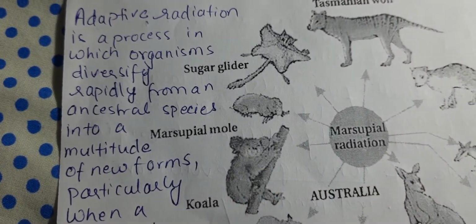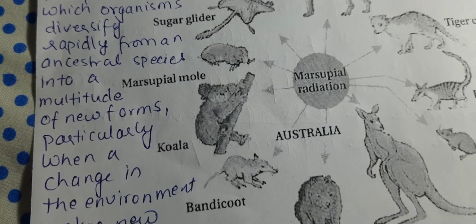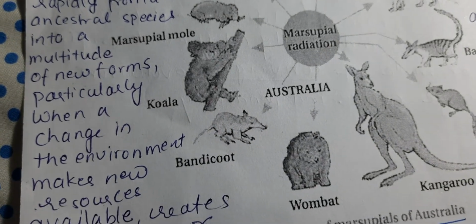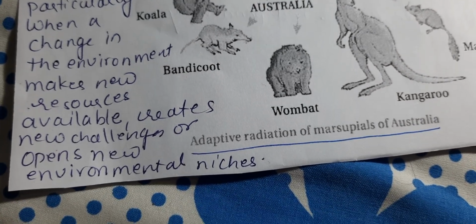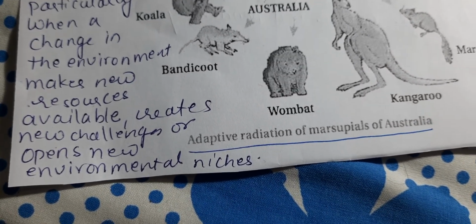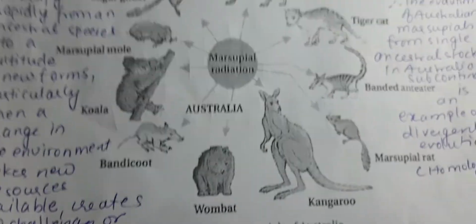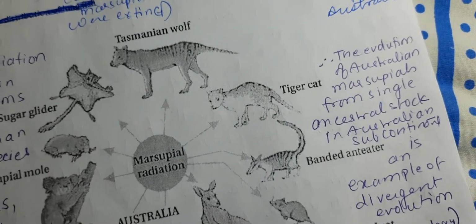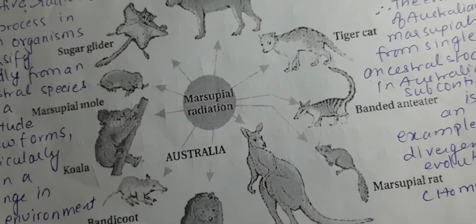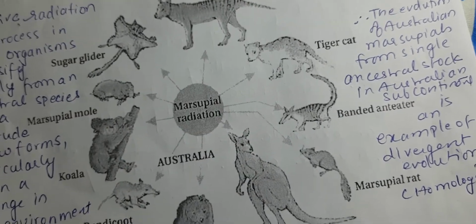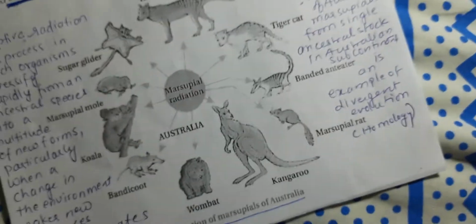Adaptive radiation is the process in which organisms diversify rapidly from an ancestor species into a multitude of new forms, particularly when a change in the environment makes new resources available, creates new challenges, and opens new environmental niches. They specify their habitat, which is called a niche, and they started living there because they are getting food and other resources required for life.